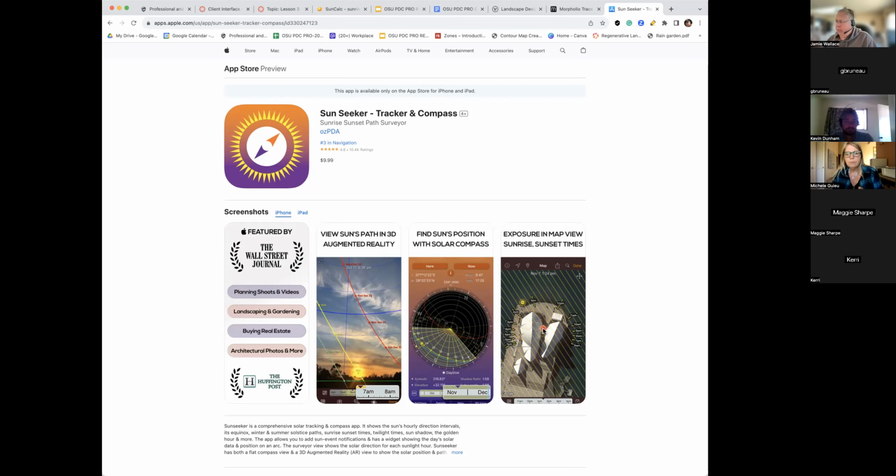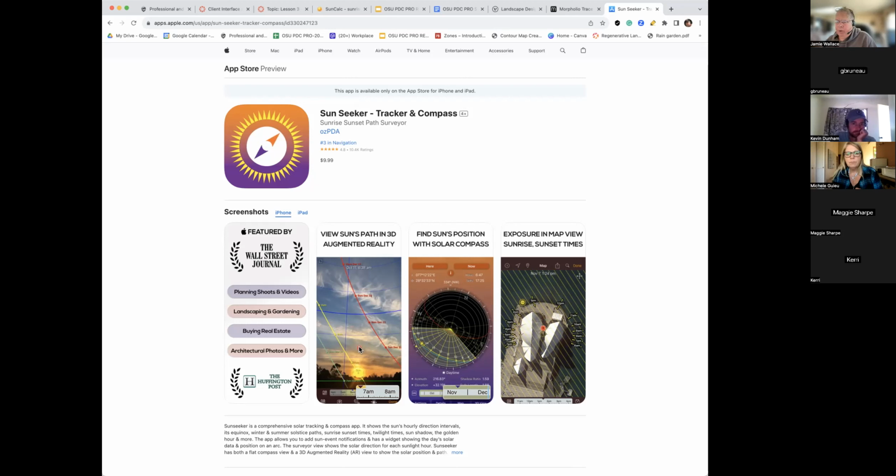This is a very interesting one where it pulls up a Google map and it will show you where the sun's position is going to be through the day. So that's very, very interesting. And this 3D augmented reality is also very helpful.